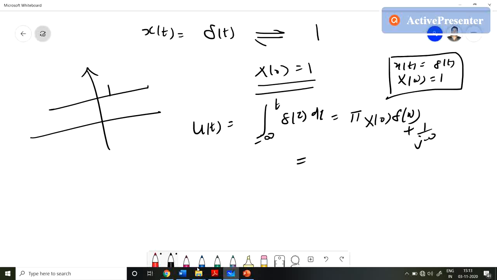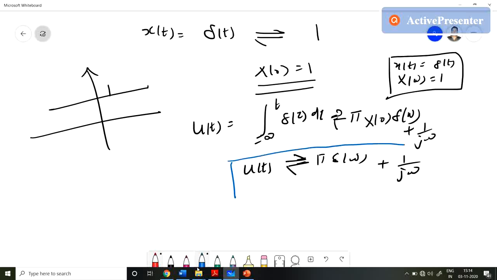So the Fourier transform of u(t) is pi delta(omega) plus 1 divided by j omega.